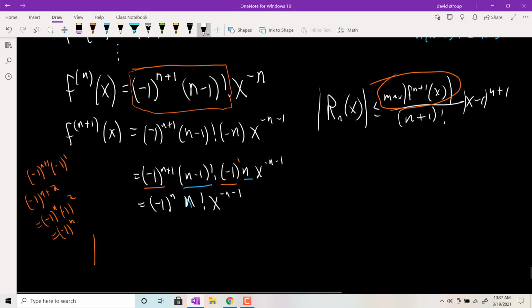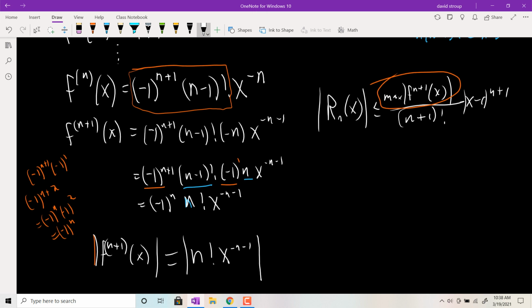So what is the absolute value of this thing? The absolute value of the n plus first derivative will get rid of that negative 1 to the n. So you just end up with the absolute value of n factorial times x to the negative n minus 1.